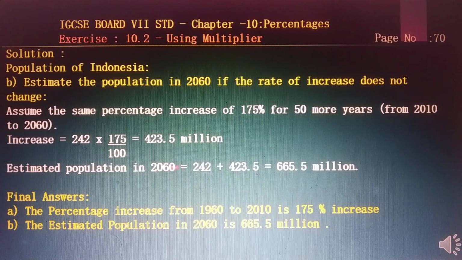Estimated population in 2060: 242 plus 423.5, we are getting 665.5 million. Final answer: the percentage increase from 1960 to 2010 is 175%, and the estimated population in 2060 is 665.5 million.